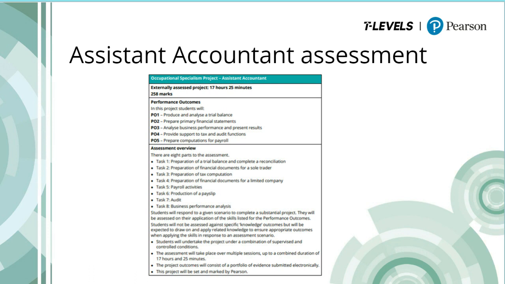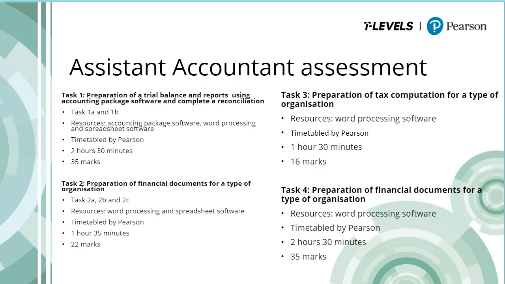And what we're going to now look at is just a little bit of an overview of each of the tasks. Okay, so let's have a look at the first 4 to start off with then. So task 1 will require your learners to prepare a trial balance and other reports for a given organisation using accounting package software and apply controlled procedures to complete a reconciliation.